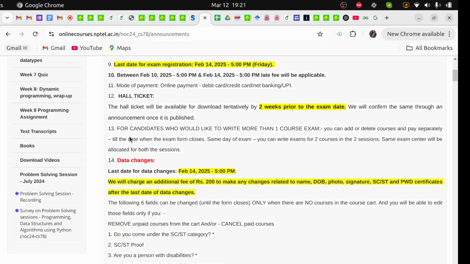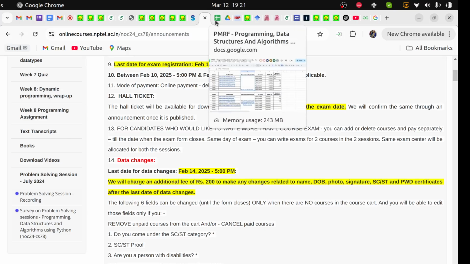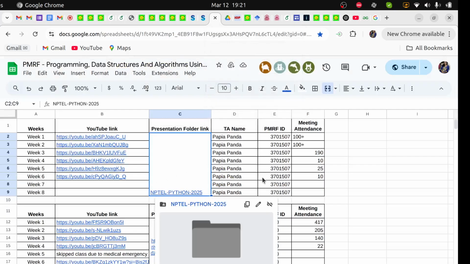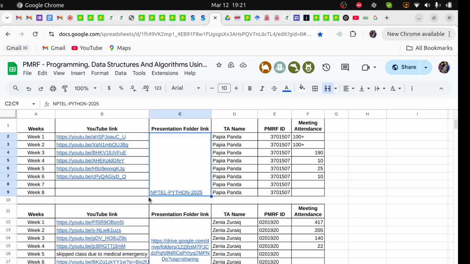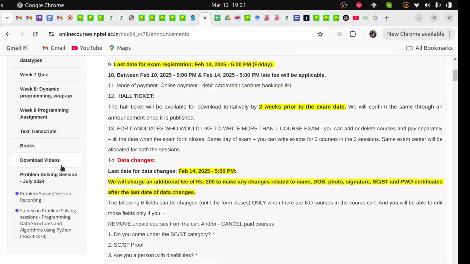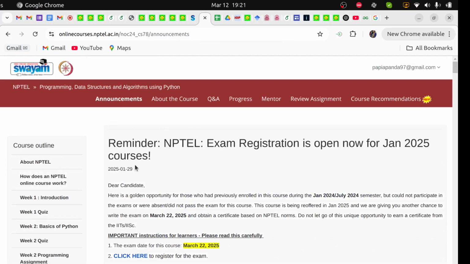Ma'am, just a few minutes ago you showed it in Drive. Oh, Google Drive. Okay, yes. This is that one. This one? Yeah. See, if you are not seeing this one, then okay, fine. You can see this type of page in your Python course, right?